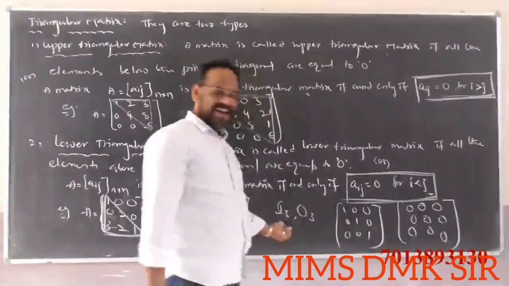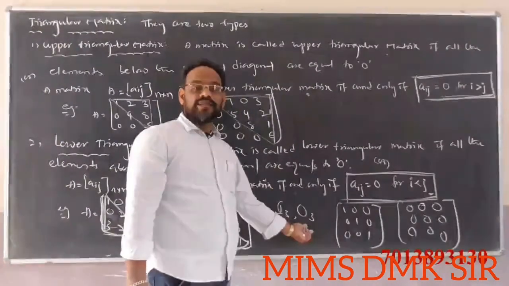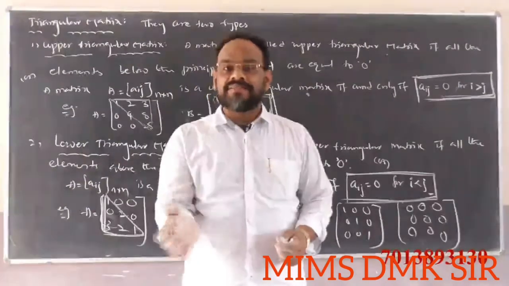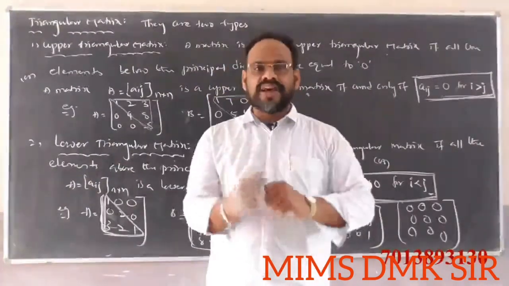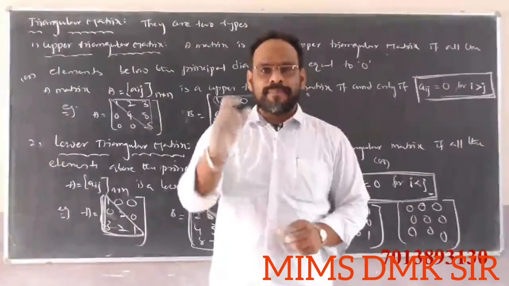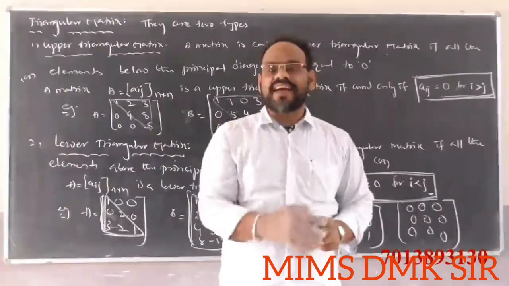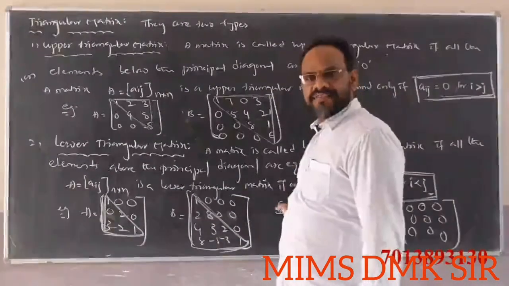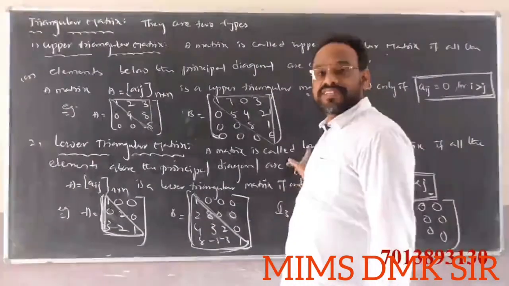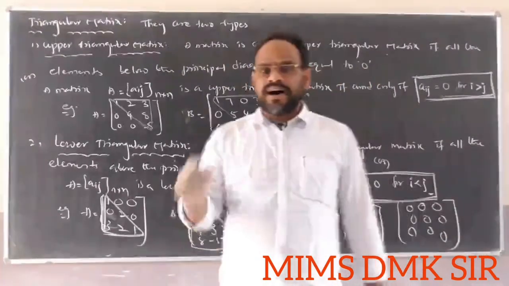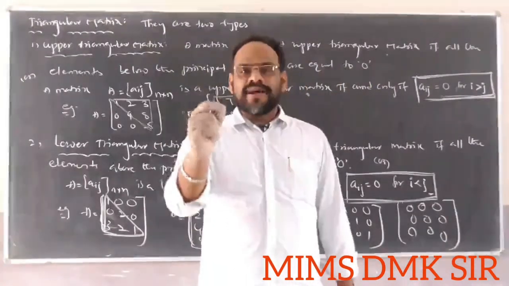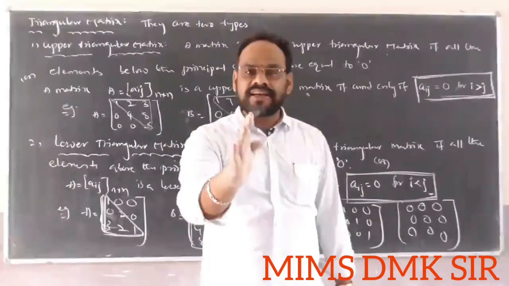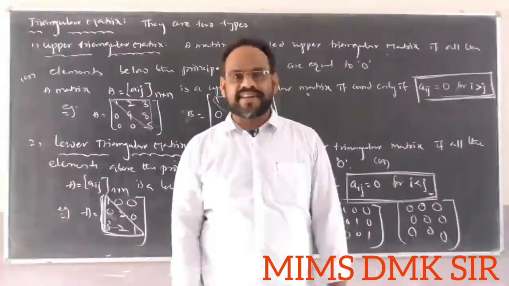So the identity matrix and the null matrix or zero matrix are always upper triangular as well as lower triangular. Why? Because a_ij is 0 for i greater than j and a_ij is 0 for i less than j. It satisfies both conditions.